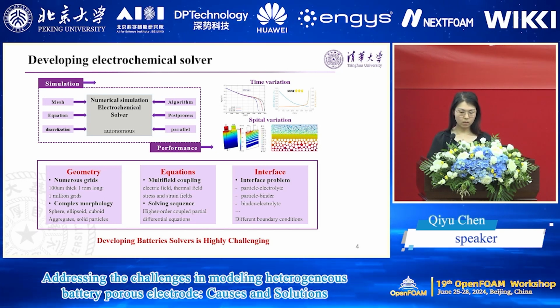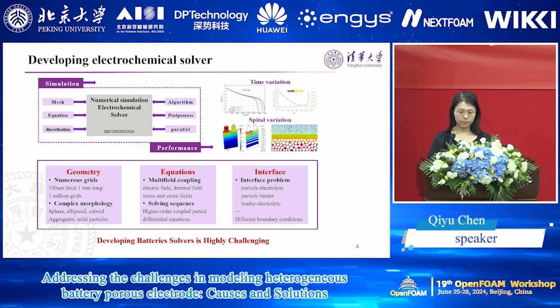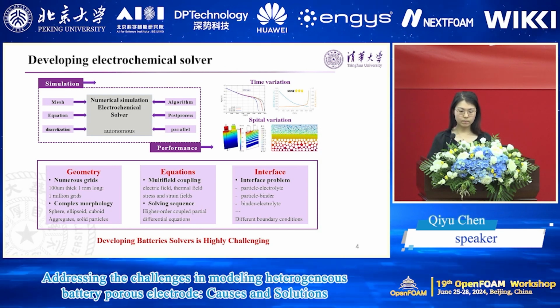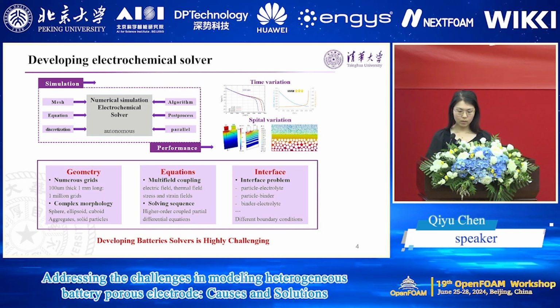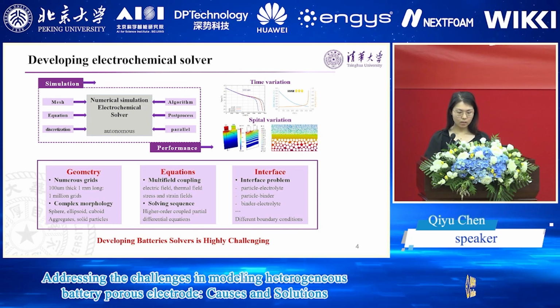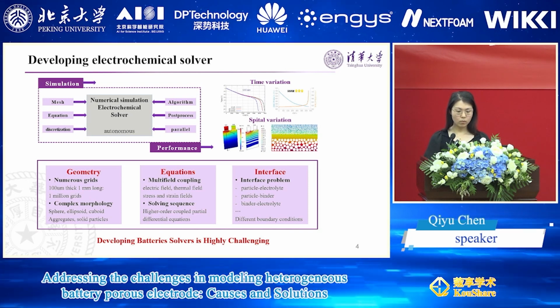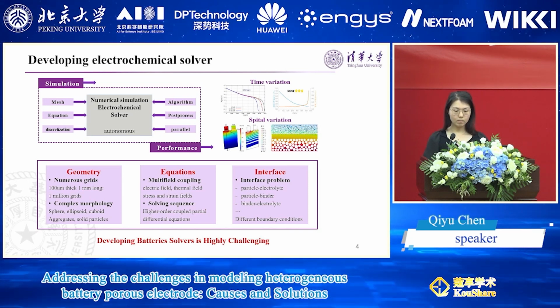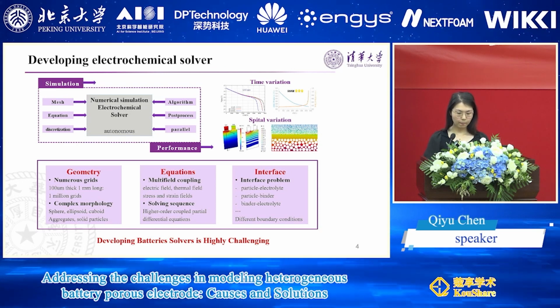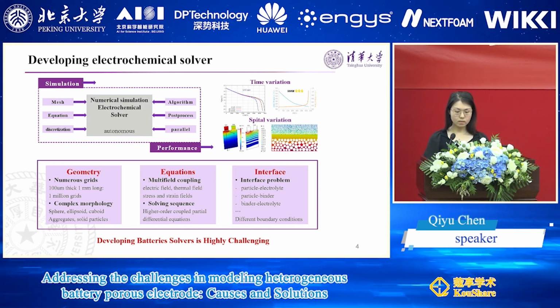First, from a geometric point of view, a 2-dimensional region 100 microns thick and 1 micron long with heterogeneous phase requires nearly a million meshes and needs to adapt to the geometry.